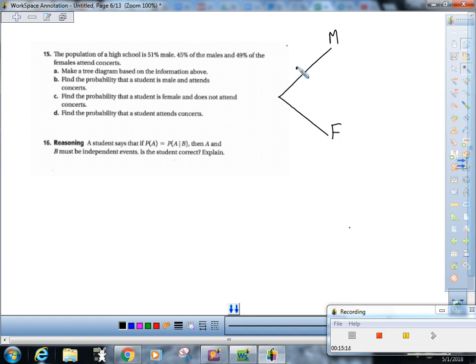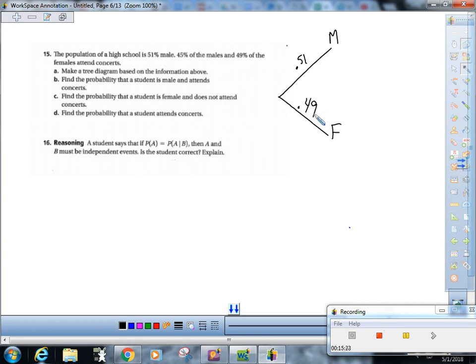And you write a little 0.51 here, or you can write 51%, whatever you prefer. So then you have to kind of insinuate what percentage of the population are females. If 51% are males and 49% females.